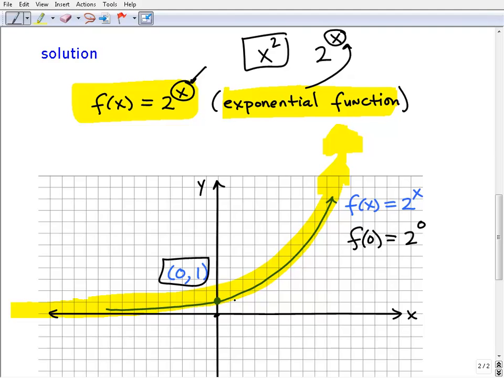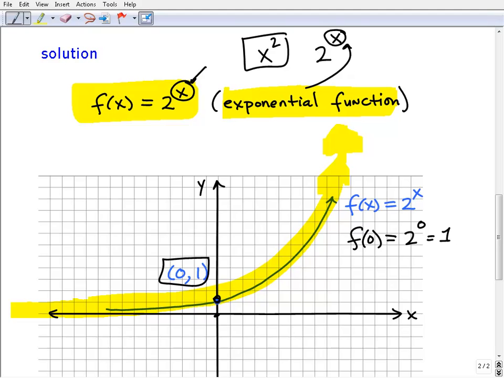This is important, that you also understand the properties of powers and exponents. So when x is 0, y is 1. Anything to the 0 power is 1, and that's why the graph cuts through the y-axis at the point 1.